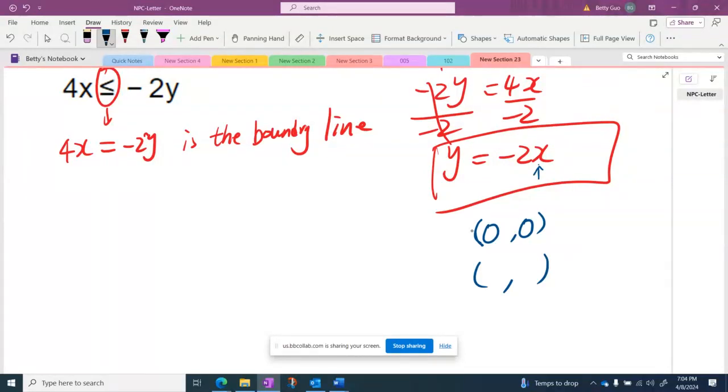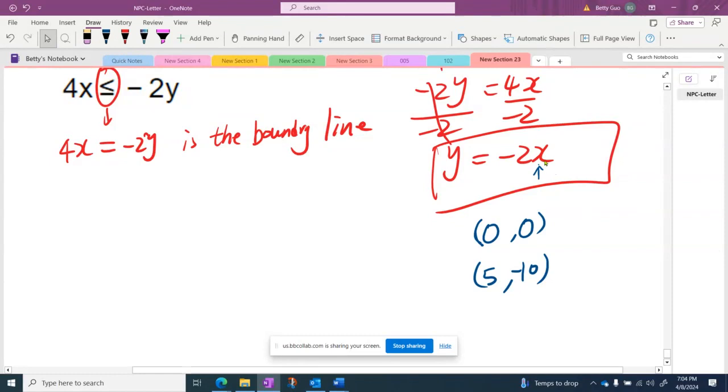Second point, you can just be spontaneous, right? Just try to find a number that's convenient. How about let x be 5. If x equals 5, then y would be -2 times 5, that is -10. I'm going to use these 2 points, okay? You can use other points.